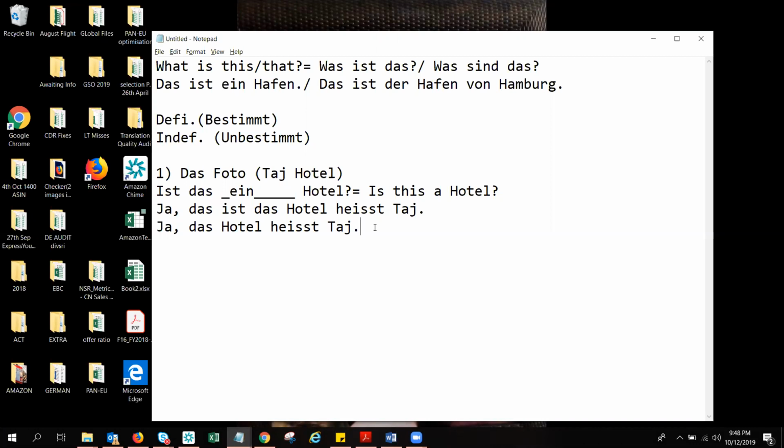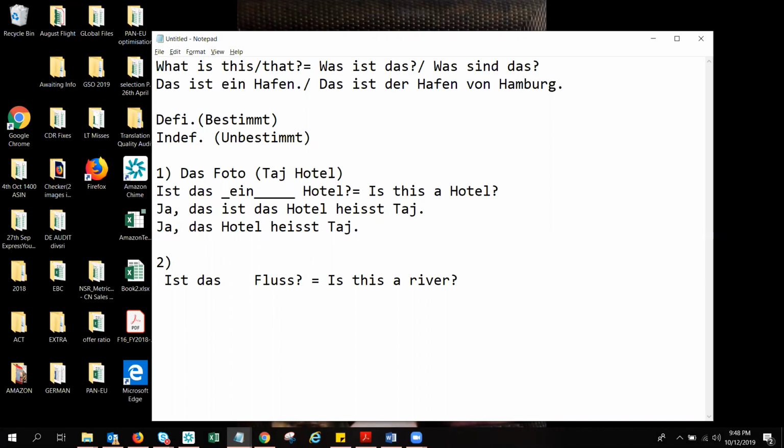Okay, so next, one more example. Ist das blank Fluss? We have done the article of Fluss. Fluss means river. Is this a river? And suppose the river name is Elbe.